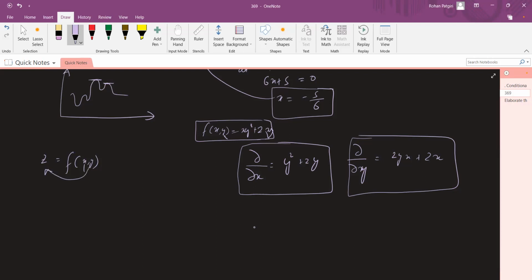There could be many things, like weather. Suppose z defines the temperature of the day, x can be one parameter, and y can be another parameter. Practically, the temperature of a day doesn't depend on only one parameter.